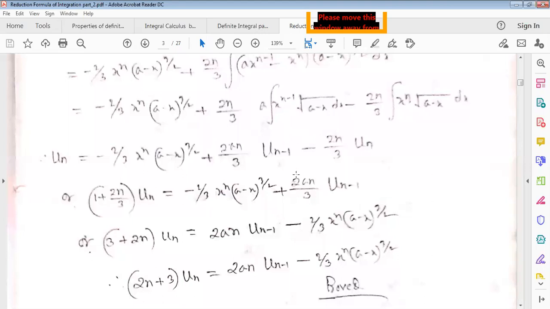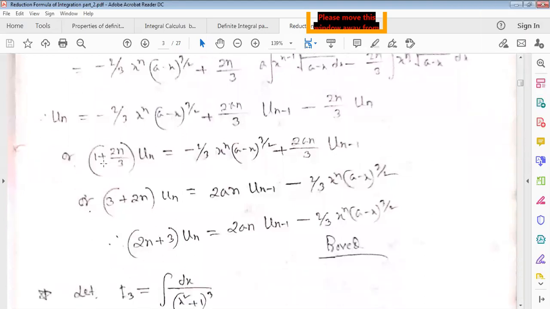Now taking LCM, 3 plus twice n divided by 3, then multiplying 3 on both sides, multiplying 3 will be cancelled, this un minus 1, this is the 2 by 3, which is the required proof.